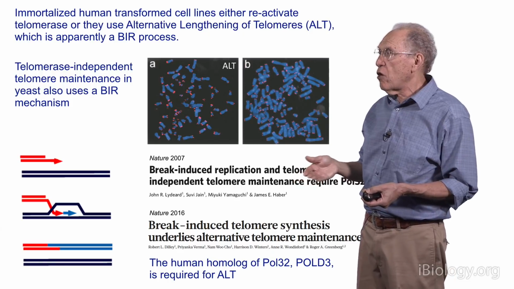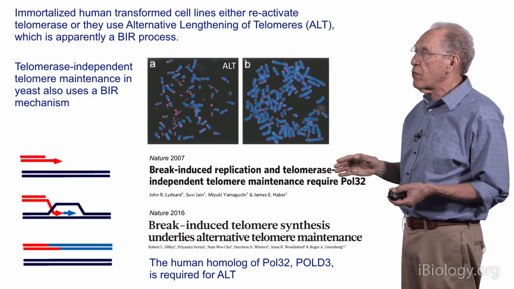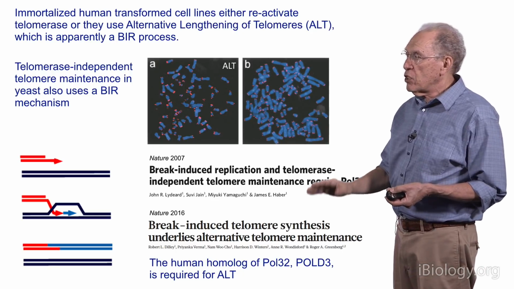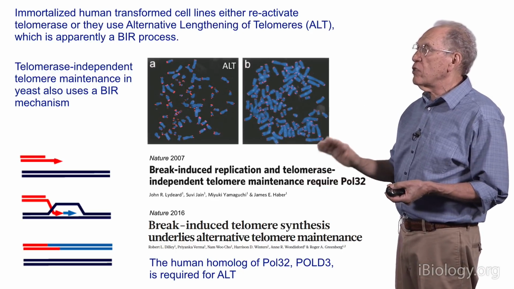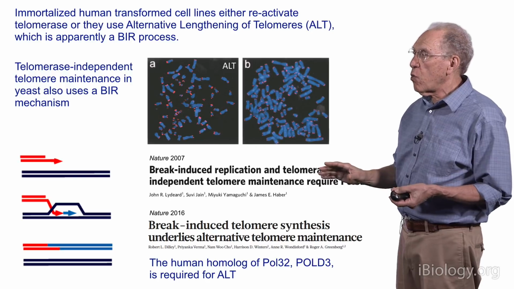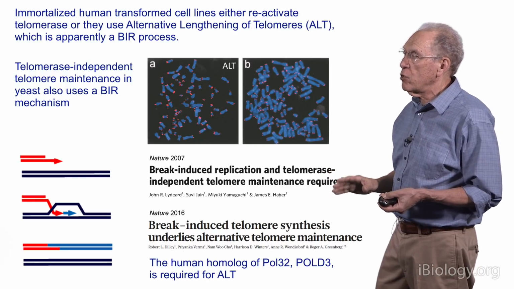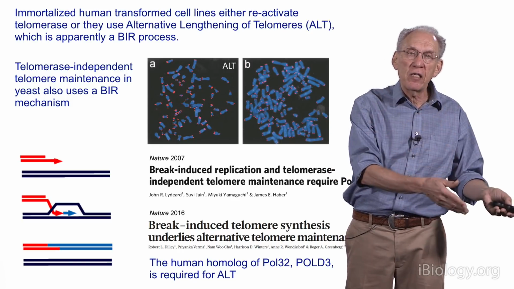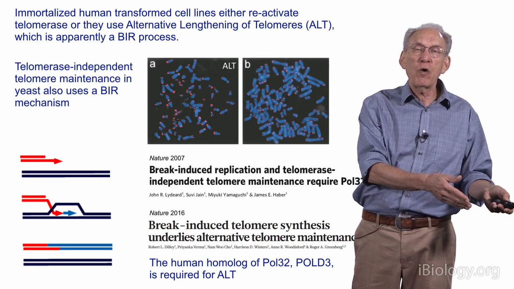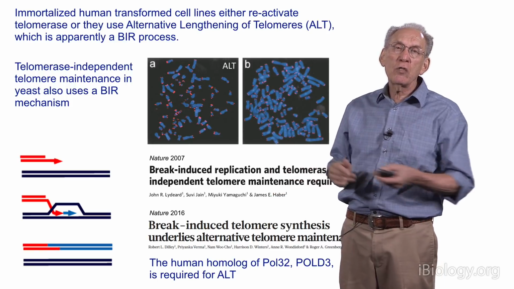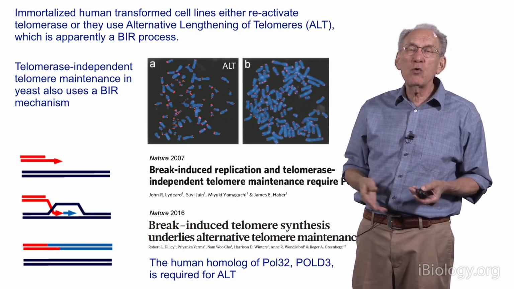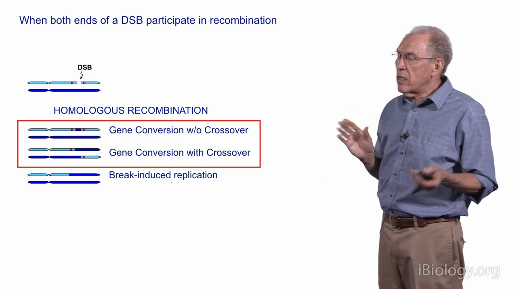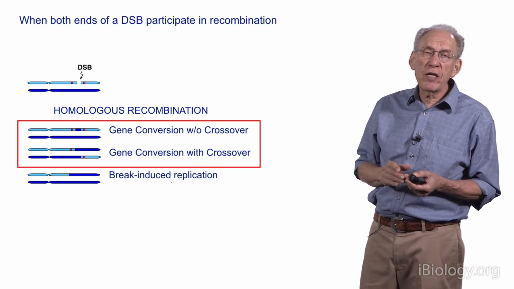In yeast, we showed that this process required the Pol32 protein. Much more recently, it's been shown that this break-induced telomere synthesis also requires the homolog of Pol32 called POLD3, and this is simply an illustration of the fact that these mechanisms have been conserved all the way from Saccharomyces to humans, an enormous evolutionary distance. Okay, so that's what I wanted to say about break-induced replication.